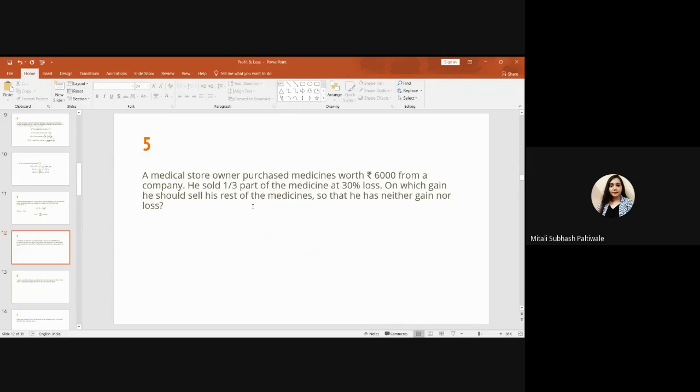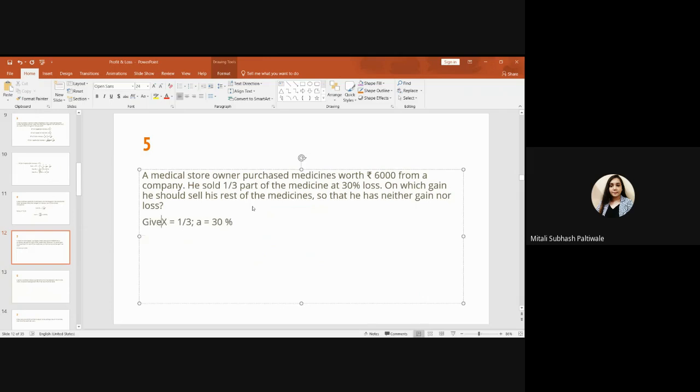So let's see. Okay. Here I would be taking A, that means a part of medicines, or rather X is equal to 1 by 3. Okay, 1 by 3. Now, here A would be 30%. Okay, here A would be 30%.